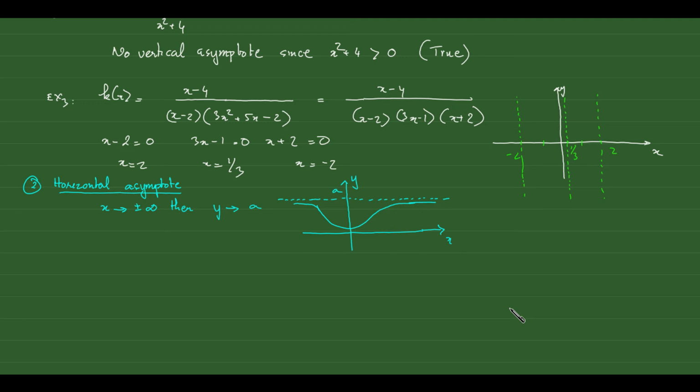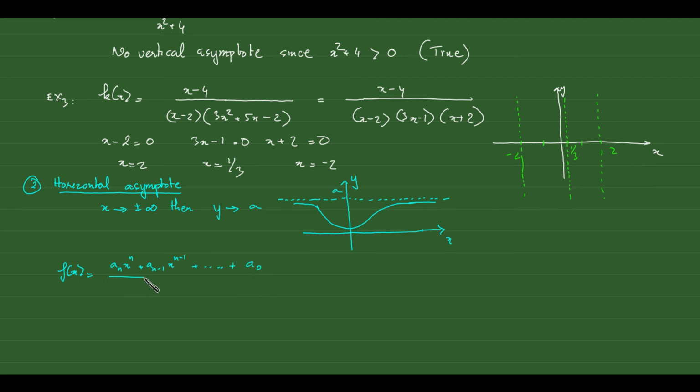So how do we find the horizontal asymptote? We have a rule. Now let's go back to the definition of the rational function. As we know, a rational function is a function in fractional form, where the numerator contains a polynomial and the denominator contains another polynomial. So it must be in this form: a_n x^n plus a_(n-1) x^(n-1) plus blah blah blah, plus a_0.